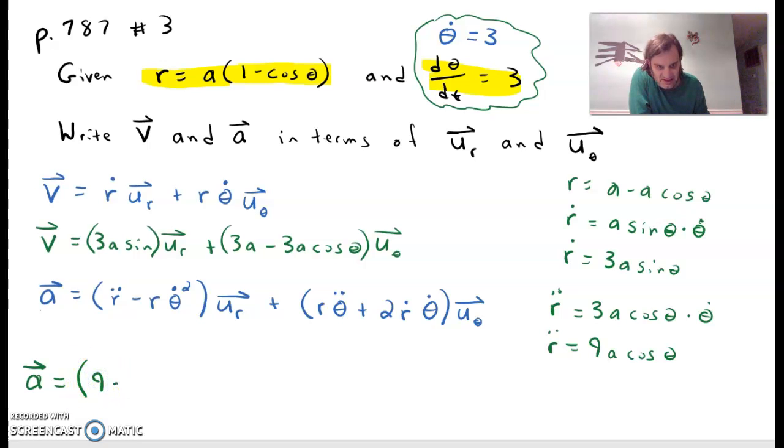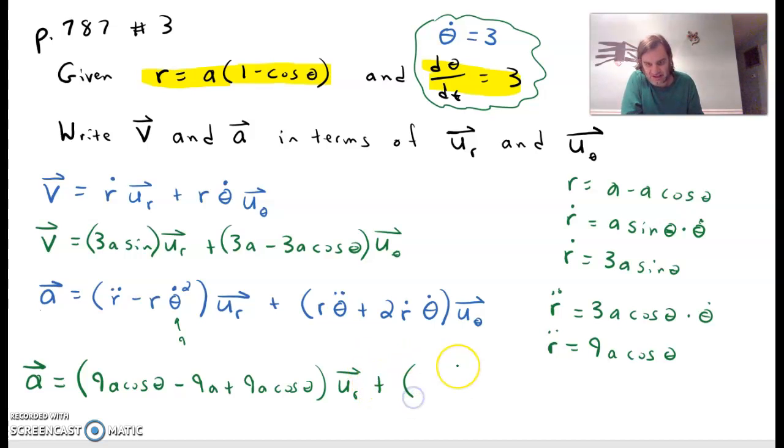Dropping everything in: 9a cosine of theta minus, that's going to be 9 right there, 9a plus 9a cosine theta, and that is the unit radius, plus theta double prime would be 0, so this part here would be 0.